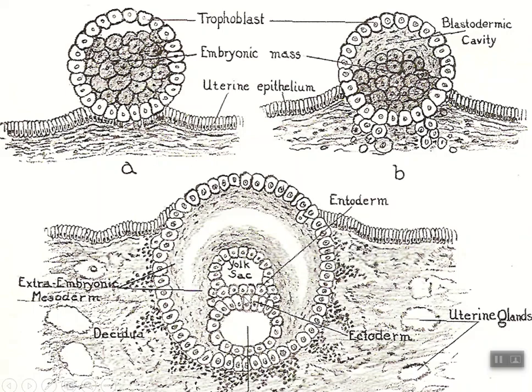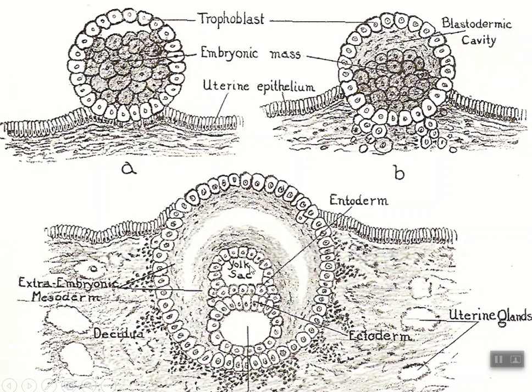This is also a diagram showing the trophoblastic layers of cells, the embryonic mass, and the uterine epithelium. The trophoblastic cell layer is next to the inner cell mass, and it becomes sticky and starts adhering to the uterine epithelium.